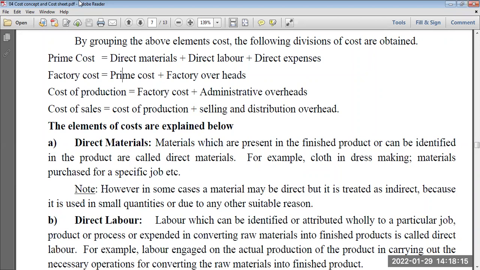For example, for cutting or chopping wood, the machinery used for chopping wood. I'm not getting, you're telling about raw material. Raw material is a direct cost. No, so the machinery which is used in the factory for chopping raw material. Okay, machinery, but machinery is not just a cost. Machinery is a fixed asset.